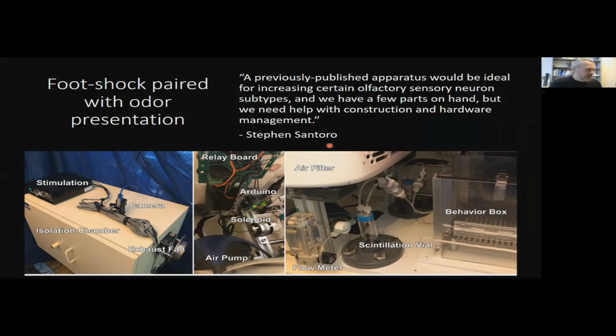And so I generated a foot shock inducing box, and there's a camera that records the behavior of the animal, and a couple of scintillation vials that are delivering an odor at the time of the foot shock, and they're looking at the way certain types of stem cells express in association with the odor and the foot shock.